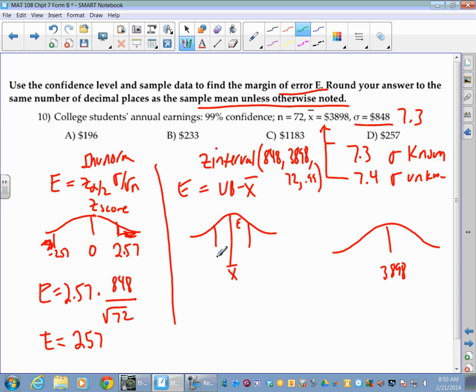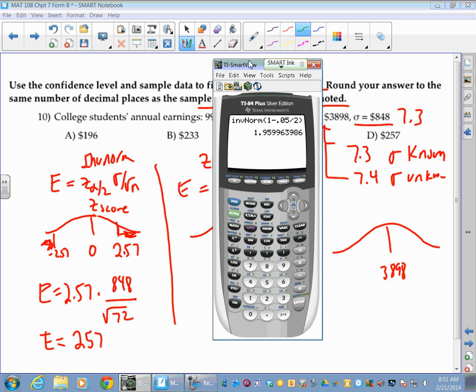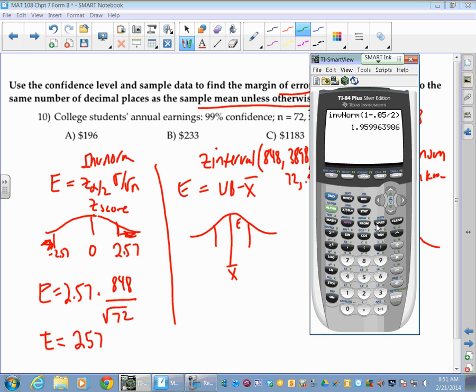What's the lower bound? How would you get the lower bound? Let's see, Z interval is under distribution, isn't it? For the test. There we go. Number 7.